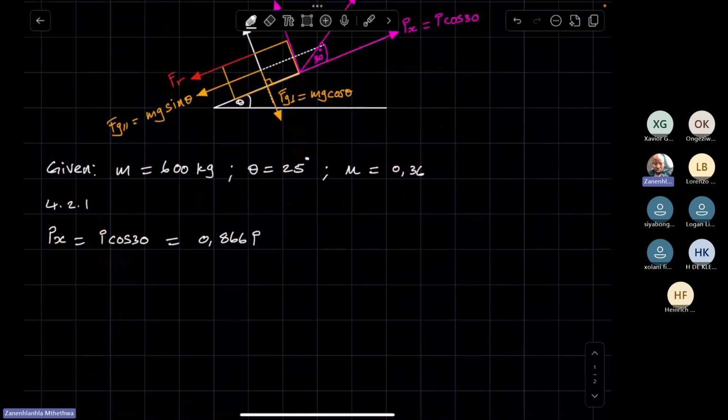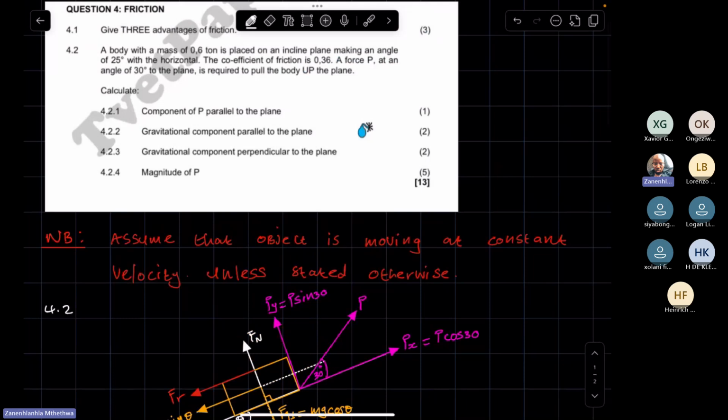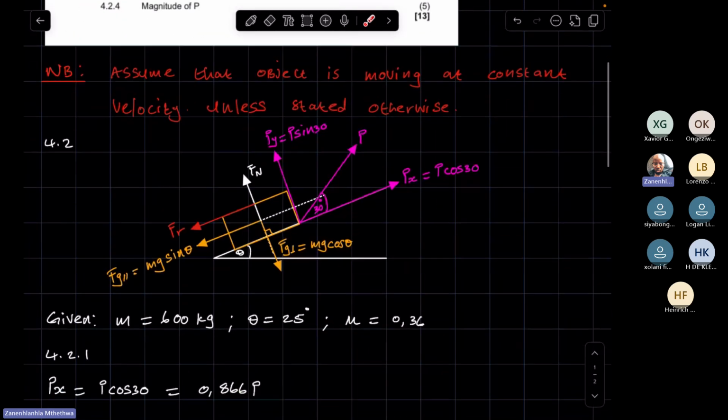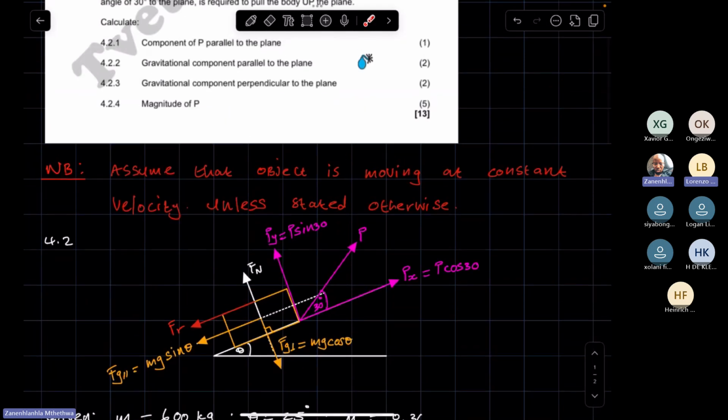4.2.2. Calculate the gravitational component parallel to the plane. Which component are they referring to here? The gravitational component parallel to the plane.